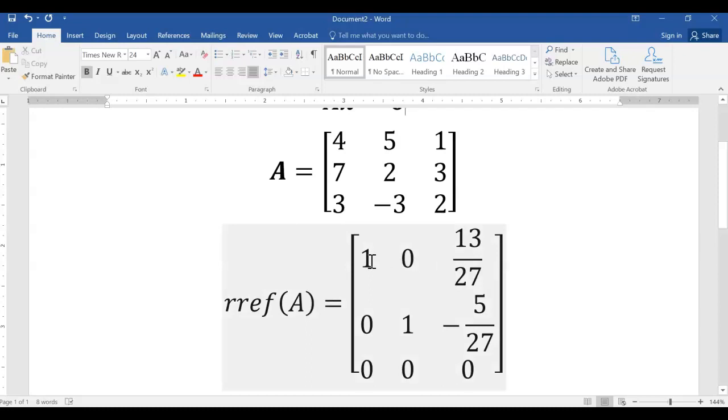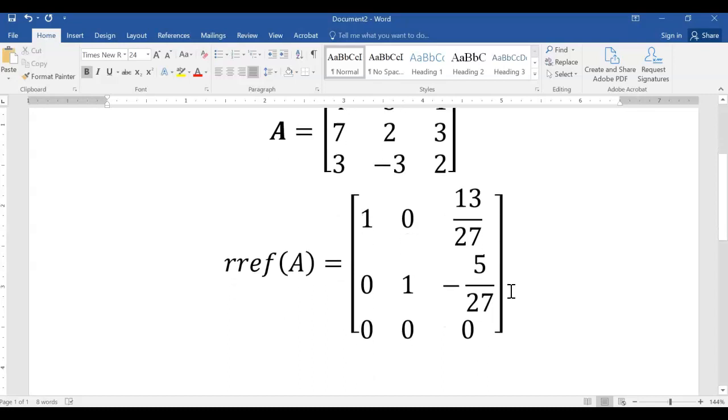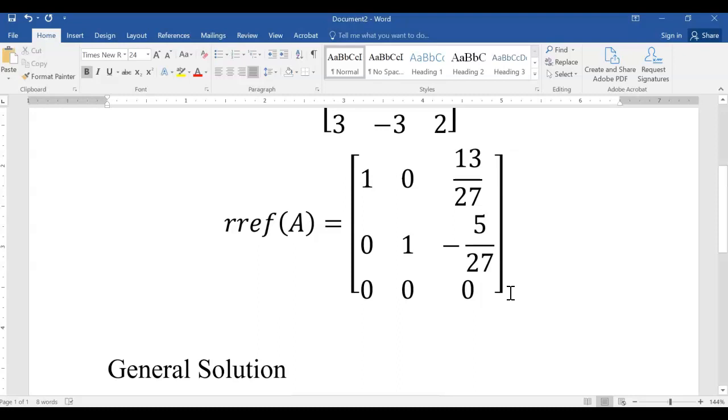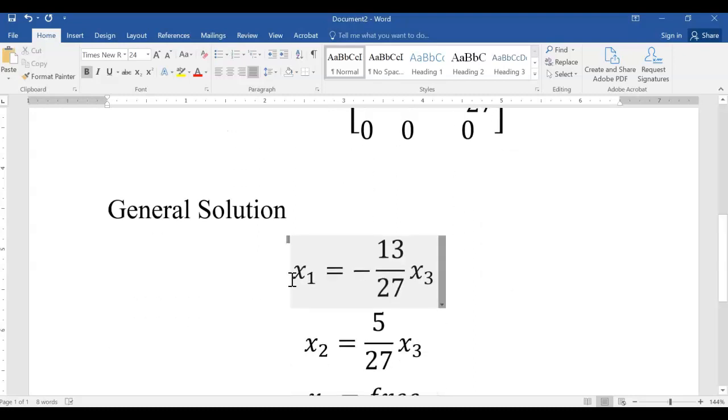This means that x1 plus 13/27 times x3 has to be equal to 0. This means that x2 minus 5/27 times x3 has to be equal to 0. So we can rewrite that in the general solution form as x1 is equal to negative 13/27 times x3.